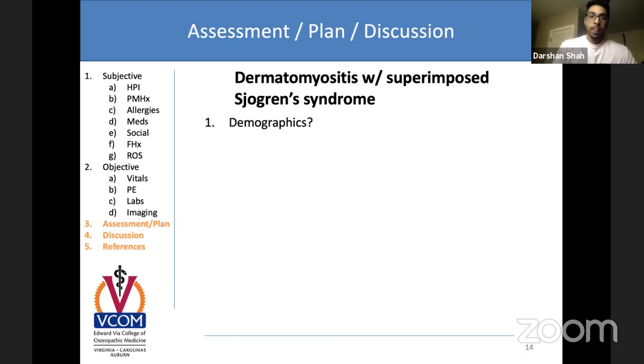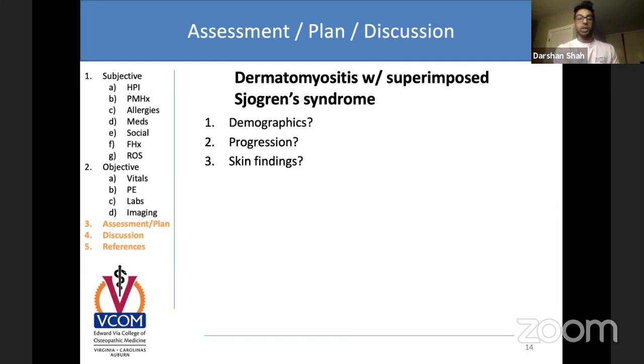So what about the progression? How does the progression of autoimmunity and especially dermatomyositis come on? Is it insidious? Does it take a while, or is it really acute, that boom, it just kind of comes on? What are the skin findings that you'd see in dermatomyositis? And I urge you guys to also Google this if you can right now.